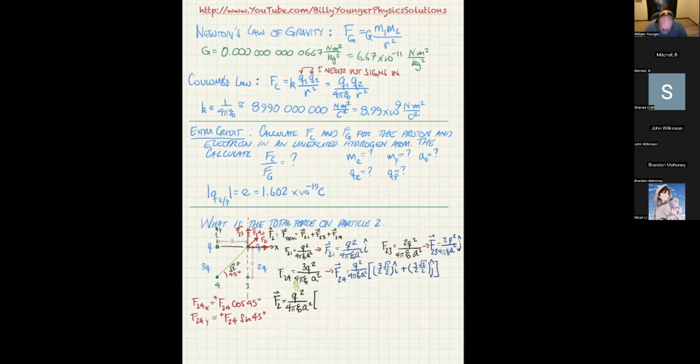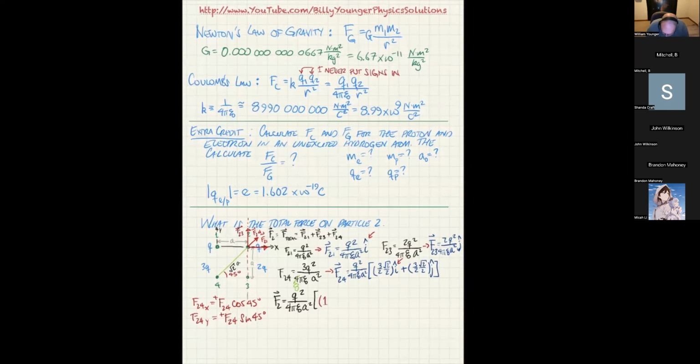So now I've got to add all the x components, which are the ones that have i hat in front of them. So you see this one has i hat in front of it, and this one has i hat in front of it. So I'm going to use those. And q squared over 4 pi epsilon naught comes from the F21.